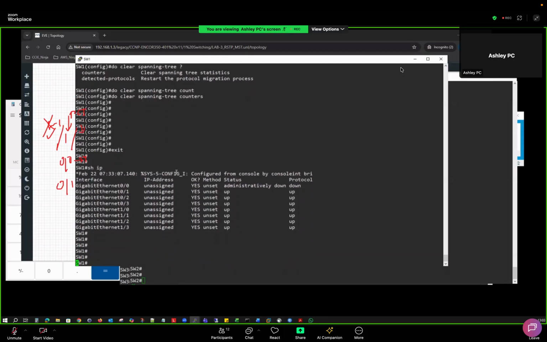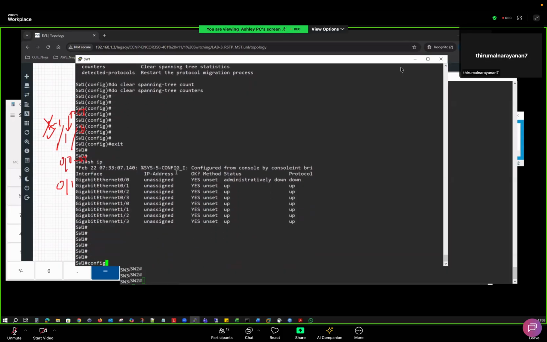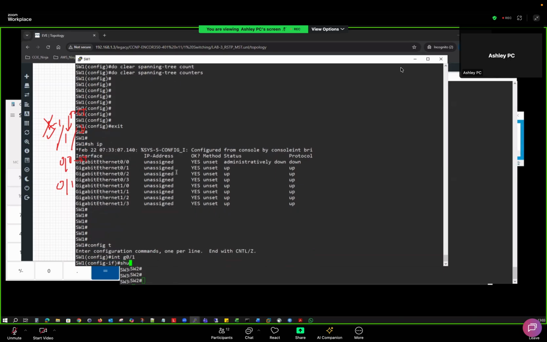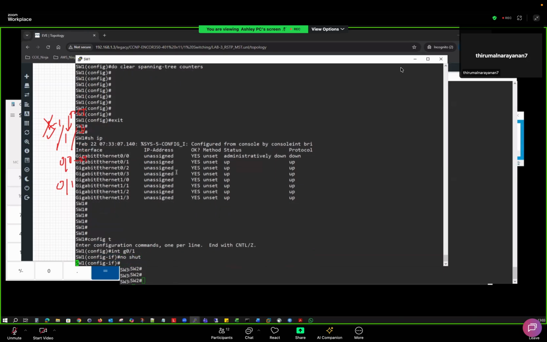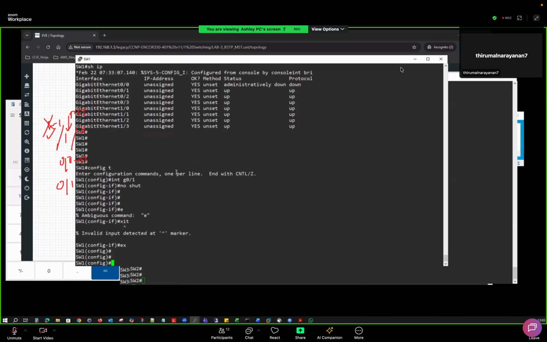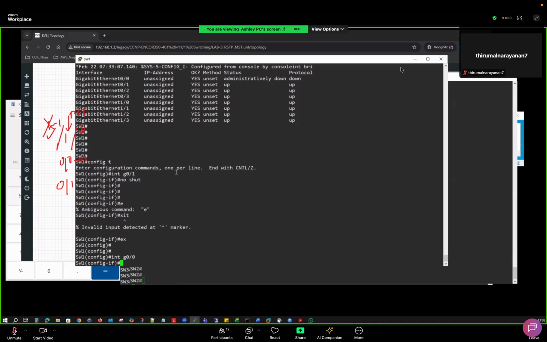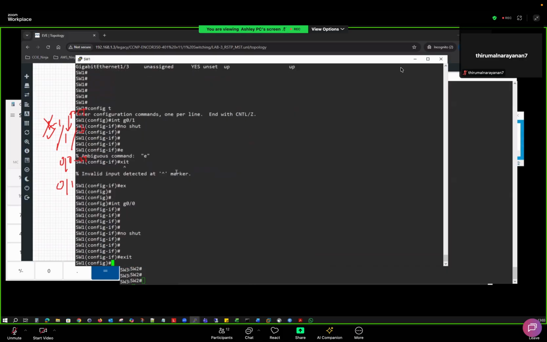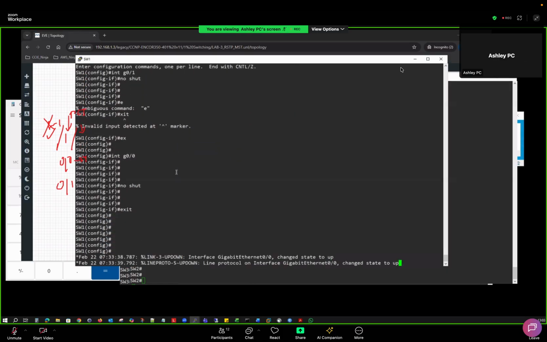Admin down is there, that's why. Connectivity interface gig 0/1, we are going to no shut it. 0/0 is the short actually. Oh, sorry. We are going to see the effect.